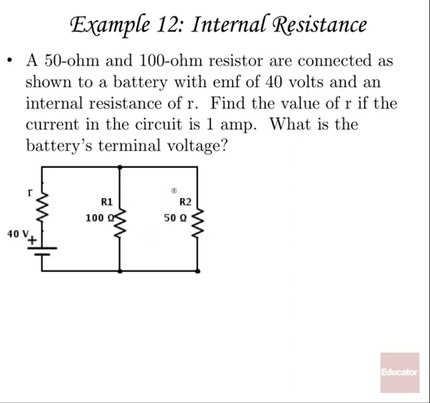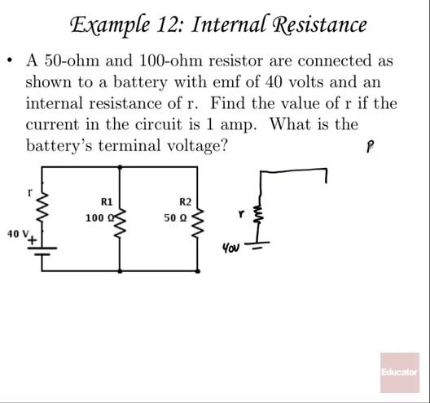Well, over here I have two resistors in parallel. So the first thing I'm going to do is redraw this as a nice series circuit where I'm replacing these by their equivalent resistance. So we'll have our 40 volts here. We still have our internal resistance, R, and our R equivalent between 150.